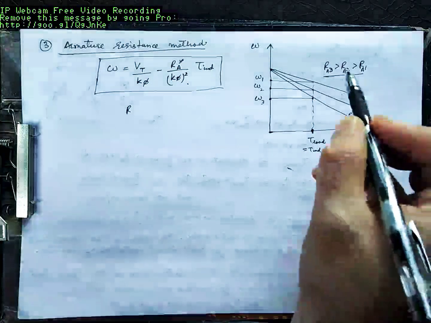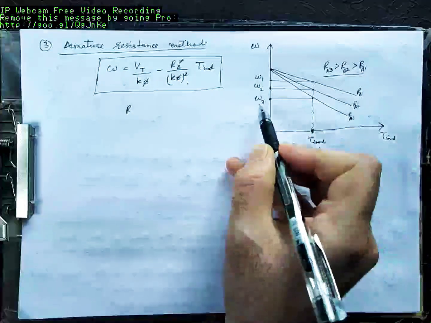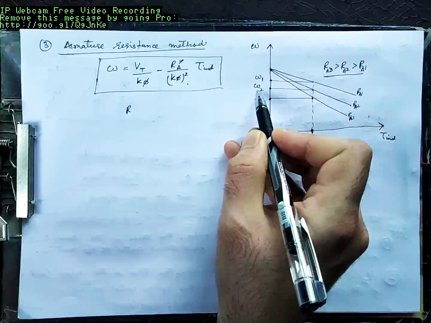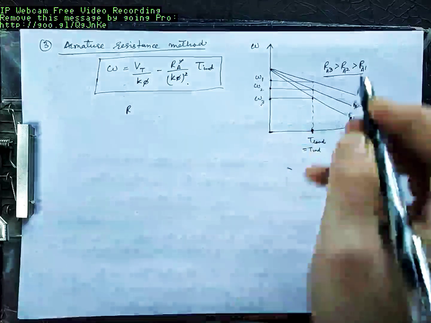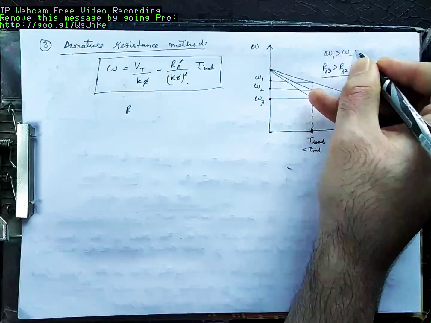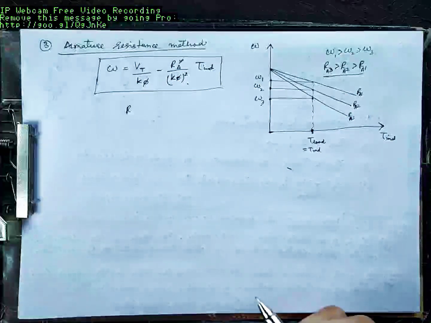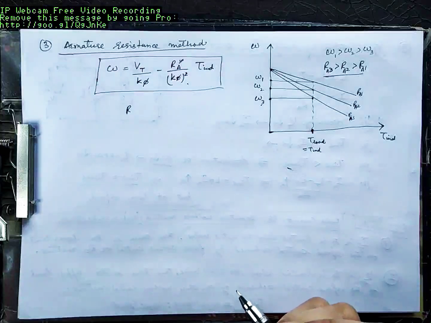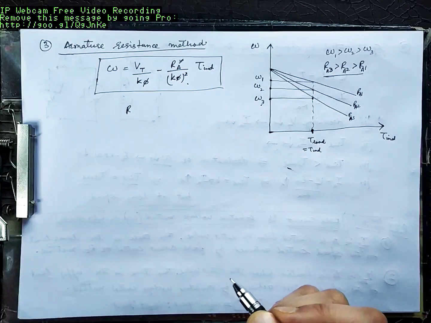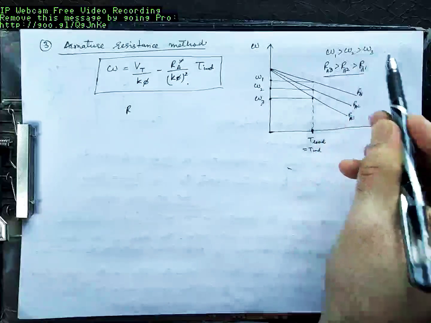Since Ra3 is greater than Ra2 is greater than Ra1, omega 3 is less than omega 2 is less than omega 1. So omega 1 is greater than omega 2 is greater than omega 3. By inserting resistance in the armature circuit, the higher the resistance, the lower the speed.